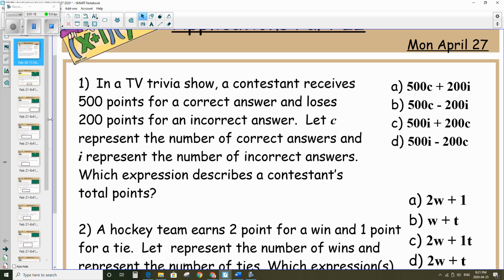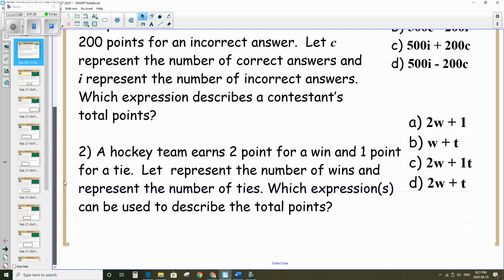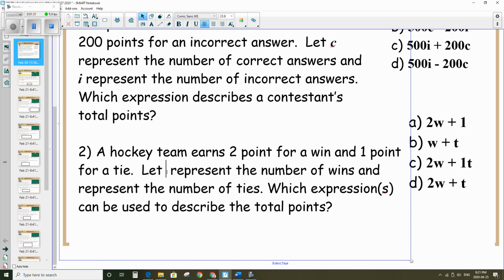And the second example, a hockey team earns two points for a win and 1 point for a tie. This should say let W represent the number of wins and T represent the number of ties.